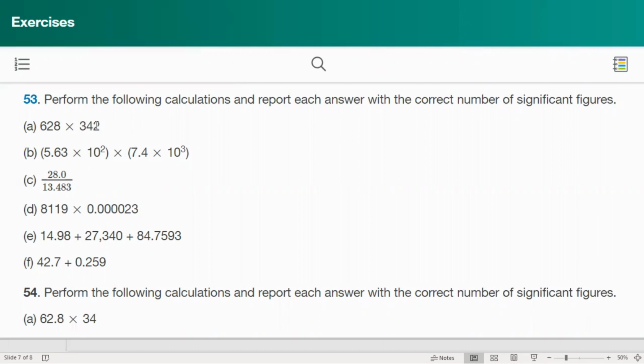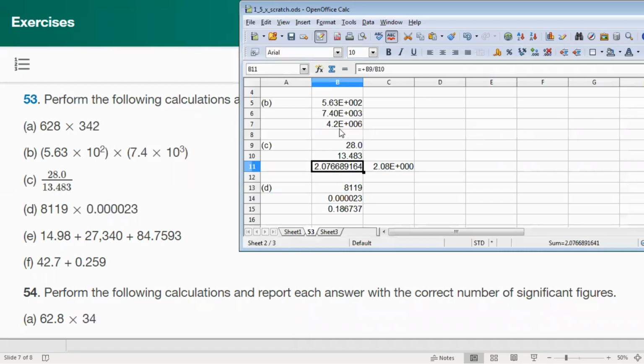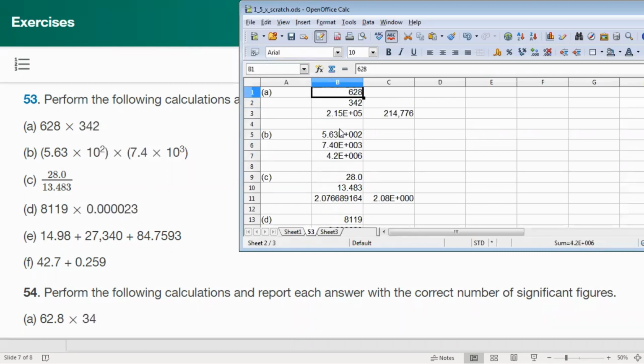So I'm looking at the answer key. There's a little inconsistency in the answer key because the original numbers were not in scientific notation, but then they gave the number in scientific notation. That's not exactly correct. I'm sorry to say that. So I have a little disagreement with the answer key.